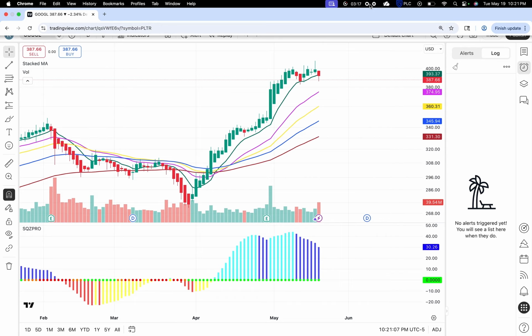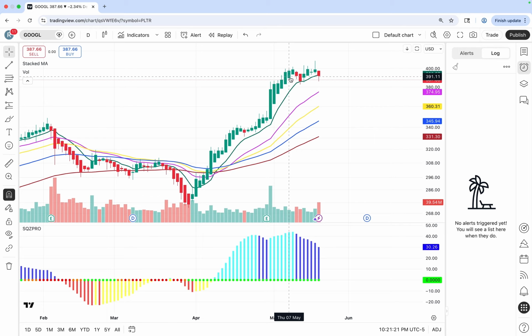So the squeeze typically works best when you pair it with a stacked moving average, as I have. I'm on TradingView, and this is a chart of Google, and you can see that I have the stacked moving average indicator on my screen.